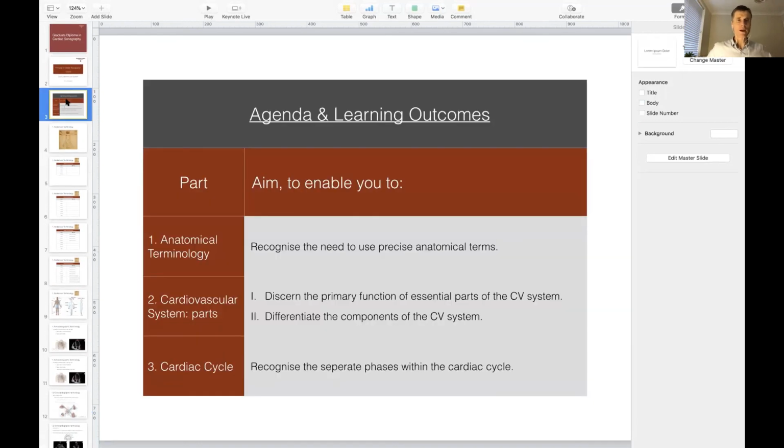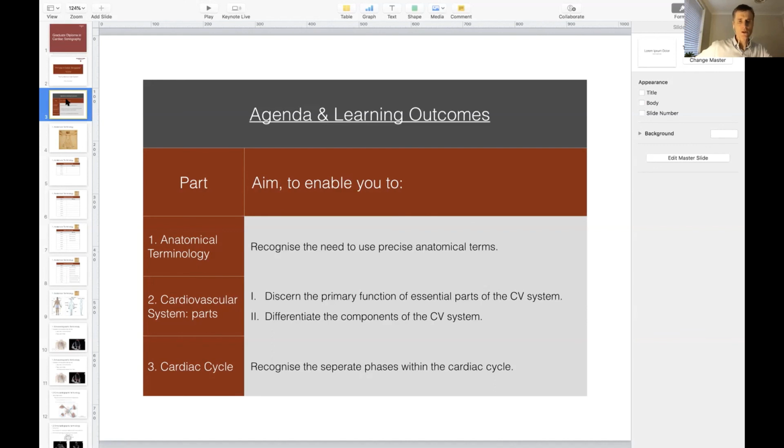So let me just go back to reinforce some things to you. I want you to appreciate in this tutorial that we need to use precise terms to help us clearly indicate matters about anatomy. The primary function of the cardiovascular system and the primary functions of different elements are important to recognize, and it's important to differentiate between them.